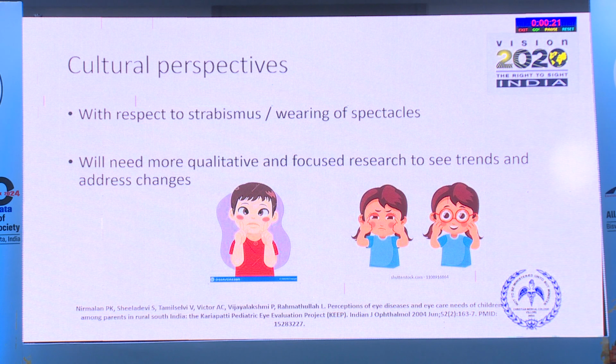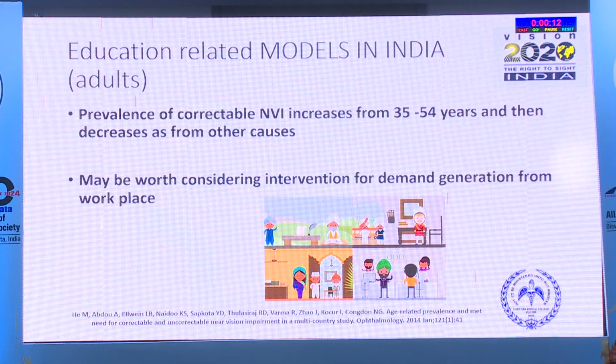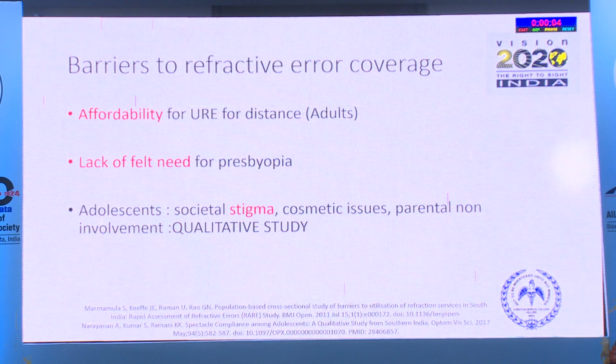We will need to sensitively engage with the cultural perspectives to meet this demand. For adults, it has also been shown that the most near vision impairment happens in the working age group, so perhaps it may be worth considering interventions for demand generation at the workplace. Barriers to refractive error coverage, affordability is the main one, and a lack of felt need for presbyopia.